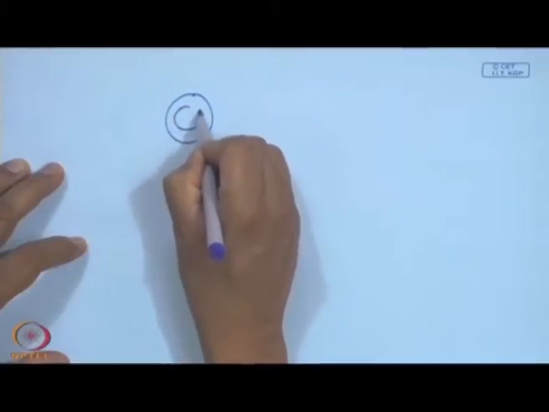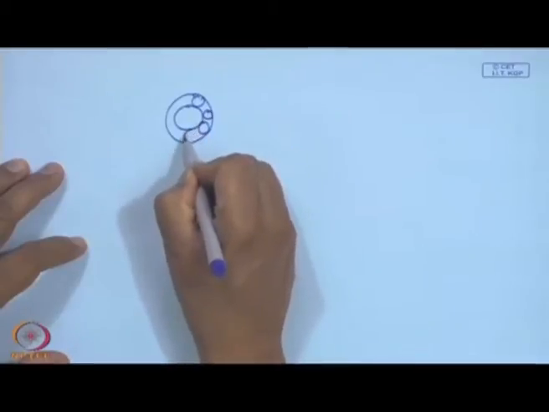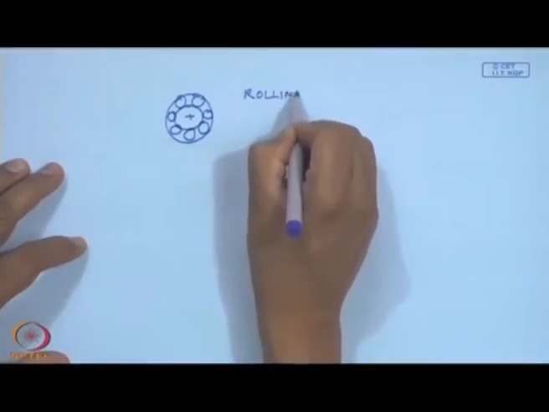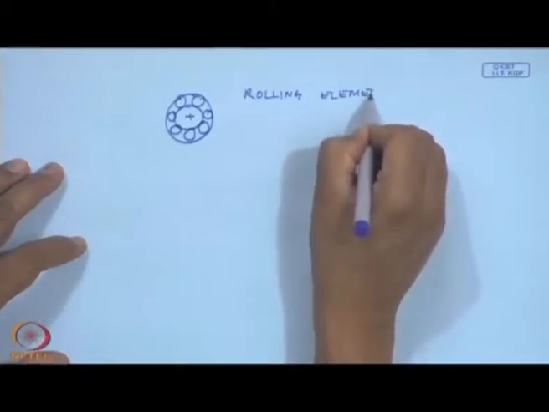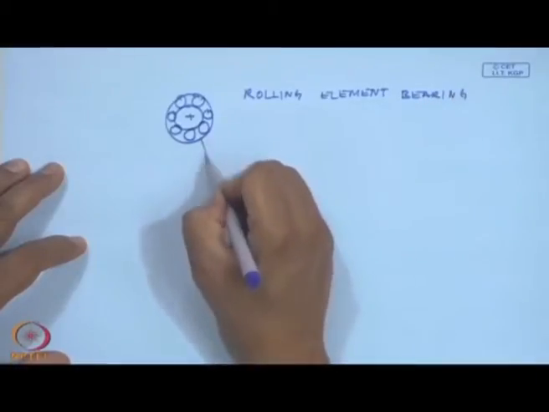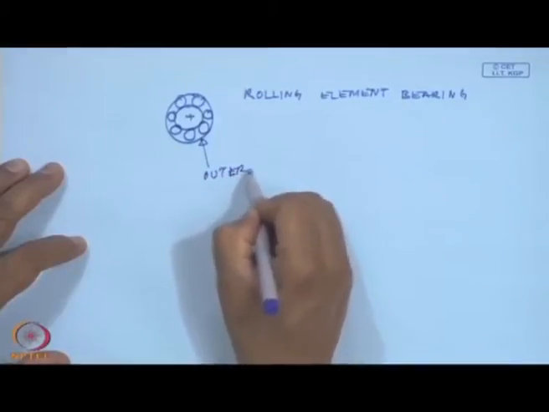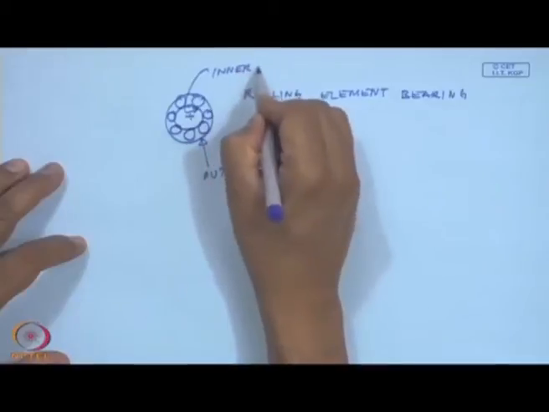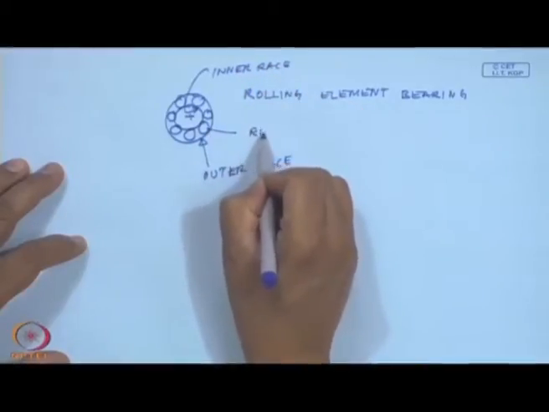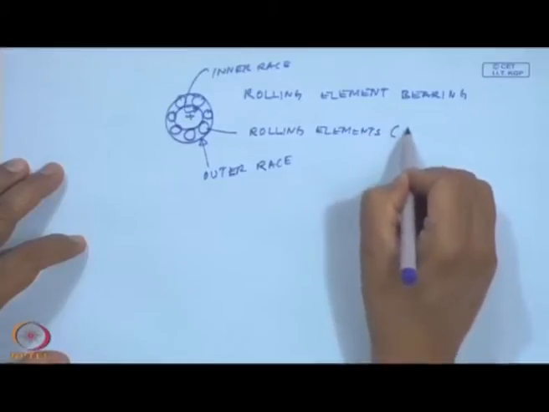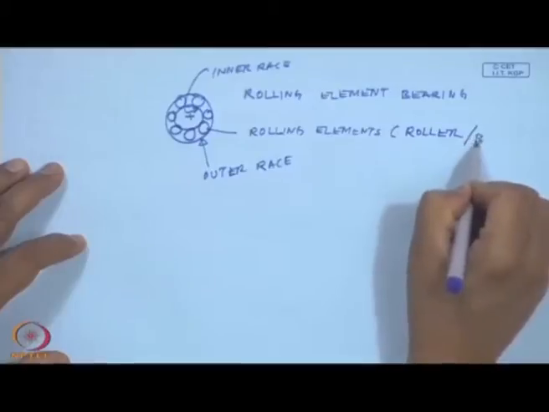And as you know, in the rolling element bearing we have the outer race, the inner race, and the rolling elements, which could be either a roller or a ball.